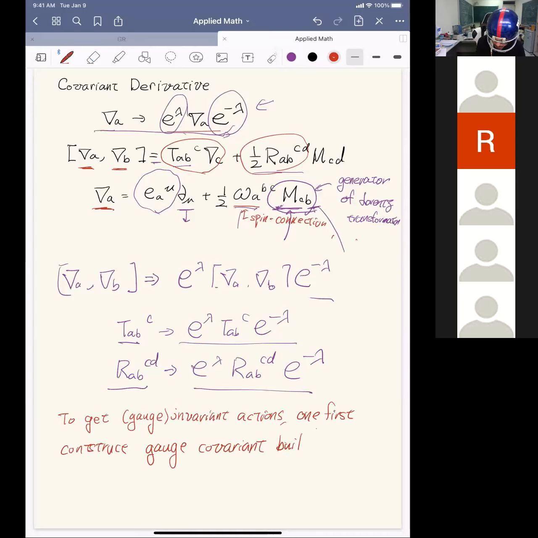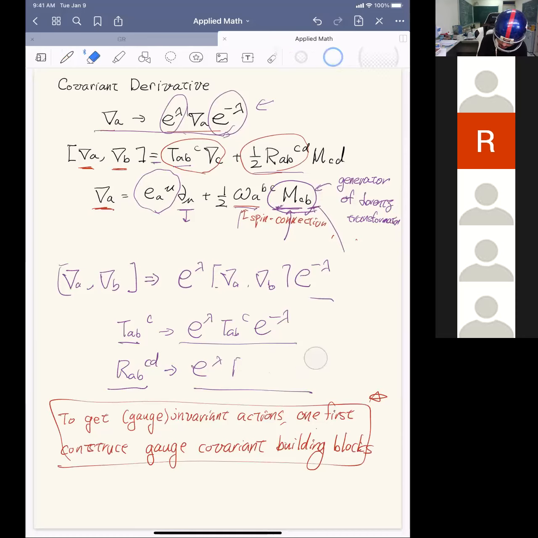Let me use building blocks. Okay, so this is the standard format. This is the standard point of view when we're talking about gauge symmetries.